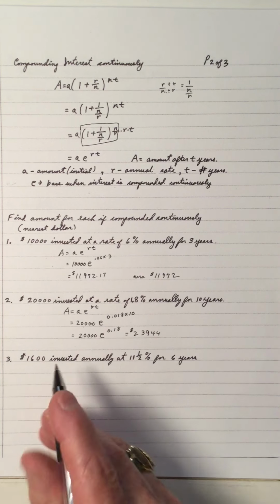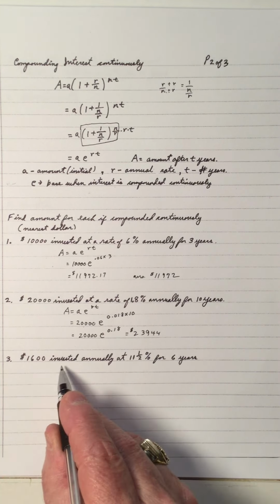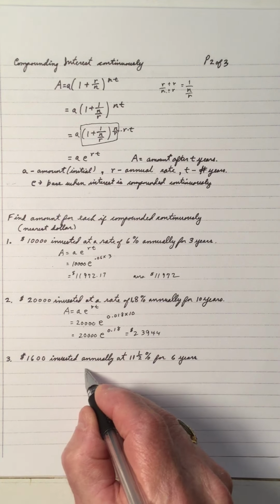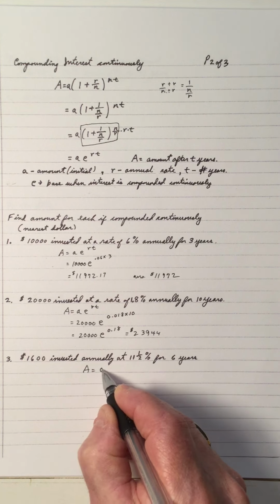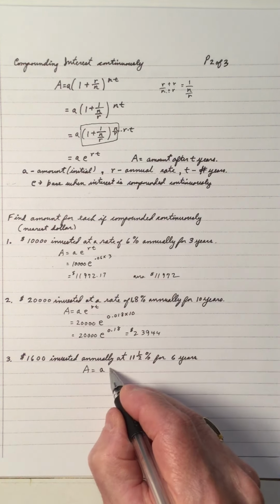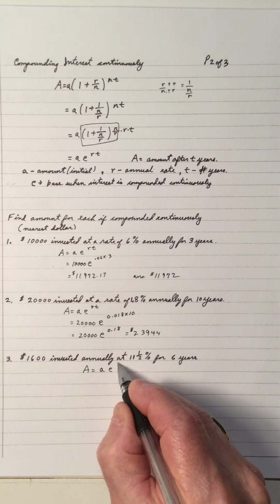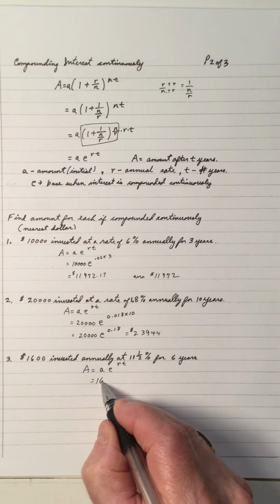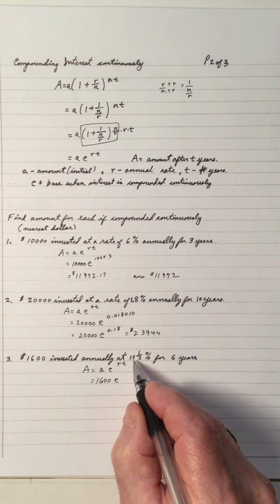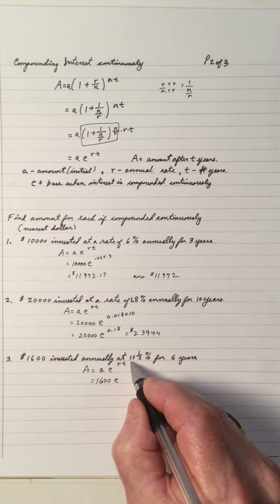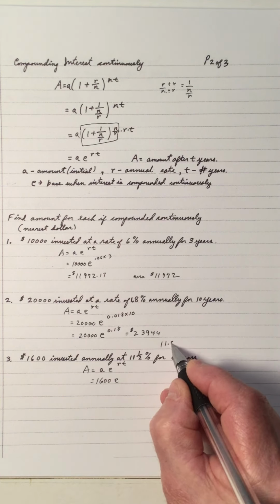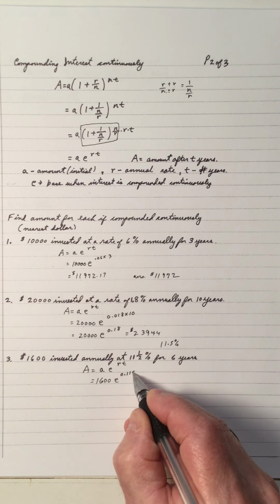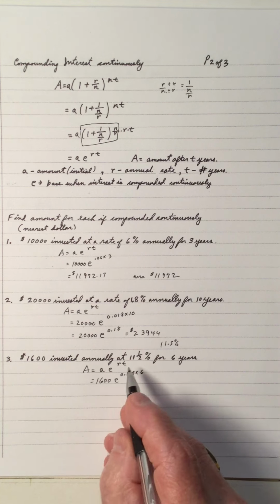And let's do another one. What about if we take 16,000 invested annually at 11.5% for 6 years? So we have A, and it's compounded continuously, so it's e to the rate times the time. So a is 16,000 e, and the rate is 11.5%, so that's 0.115 times 6.